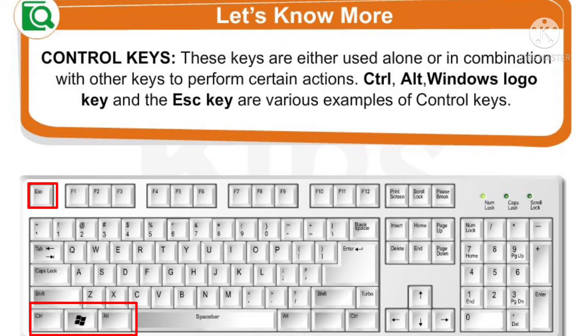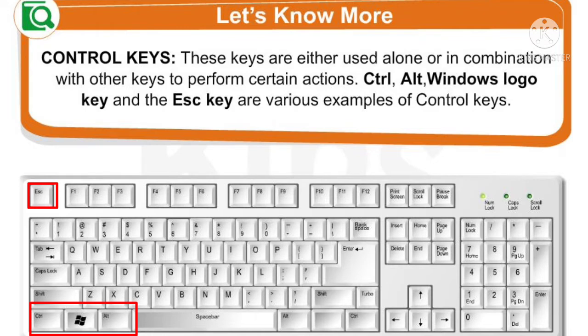Now let us know more control keys. These keys are either used alone or in combination with other keys to perform certain actions. Control, Alt, Windows logo key and the escape key are various examples of control keys.